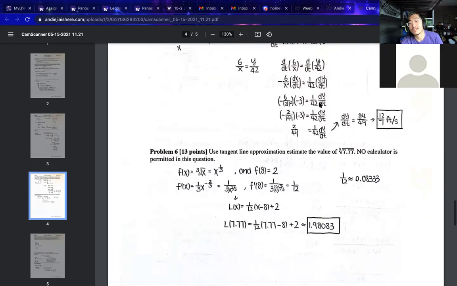We move to problem 6. Problem 6 is tangent line approximation to estimate the value of this number.